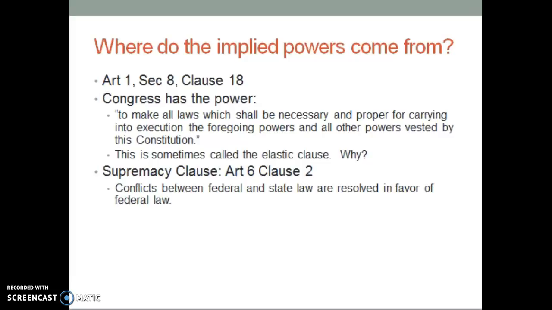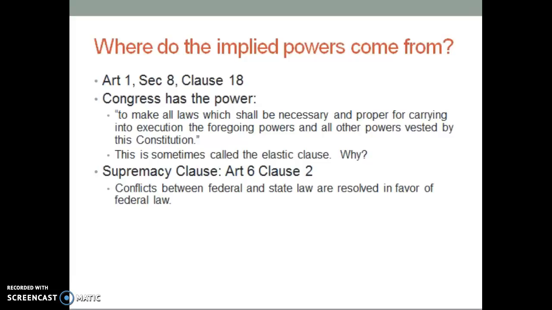Then we have the supremacy clause, which also gets addressed because Maryland cannot tax the federal banks. The supremacy clause comes from Article 6, Clause 2. Basically, the point was to address issues between the federal government and states, or between two states, or between a person and a state.